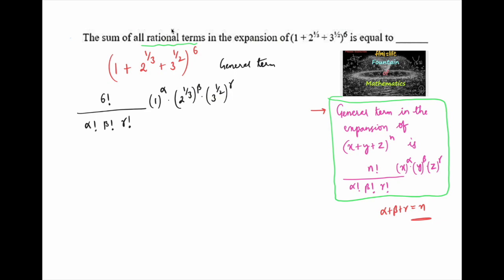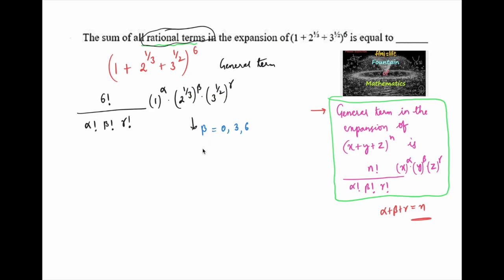Since we need to get the rational terms, for (2^(1/3))^β, β must be either 0 or a multiple of 3. So it's 0, 3 and 6. These are the possibilities of β we can consider.